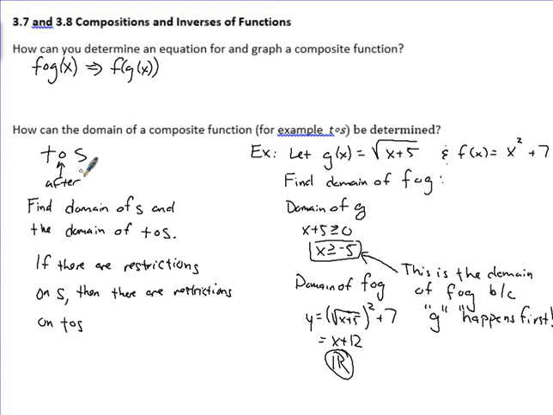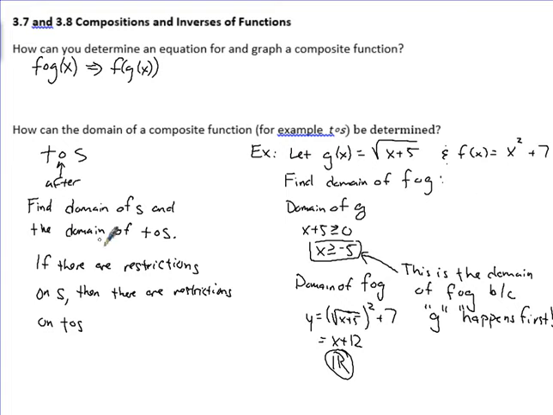If there are any restrictions on the domain of s, that means there are x's that won't work first. So those x's won't work at all. Even if I do t after s, all of s happened first, so any restrictions on that domain hold true for t after s.